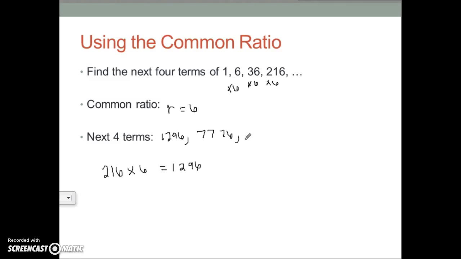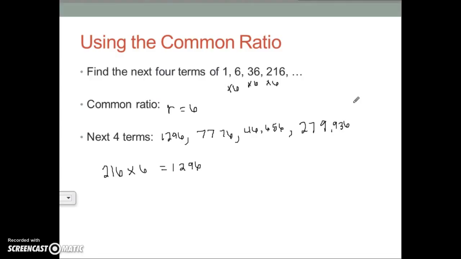Multiplying that term by 6, we get 46,656. And our final term that we wanted to identify gets us to 279,936.